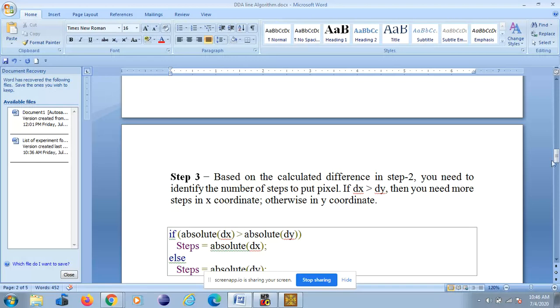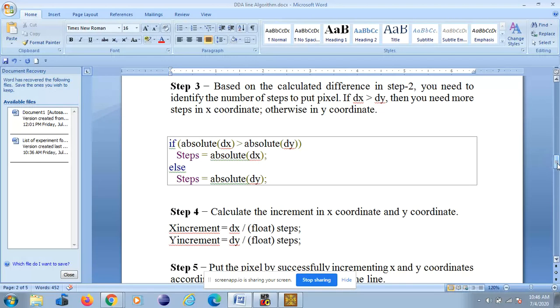So if the absolute value of dx is greater than the absolute value of dy, then steps equals absolute dx, meaning more steps along the x coordinate. Otherwise, we have more steps along the y coordinate.